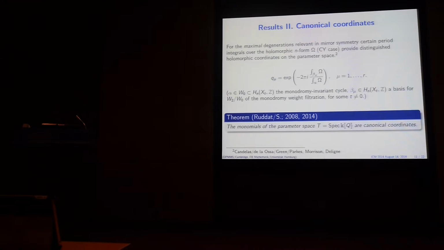So that would be the period integral that is invariant, the one that has a log t behavior, and then you take these kind of coordinates, and they're entirely intrinsic. A result known to me essentially already in 2008, and being written up at the moment, is that the monomials on this parameter space, so this Q would be some universal choice of initial walls, it's a monoid, these are canonical coordinates in this sense.